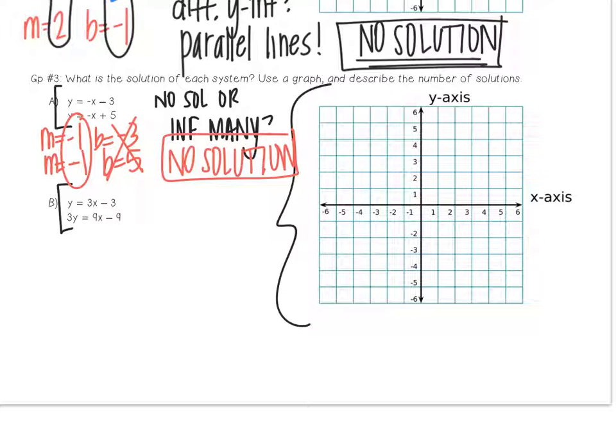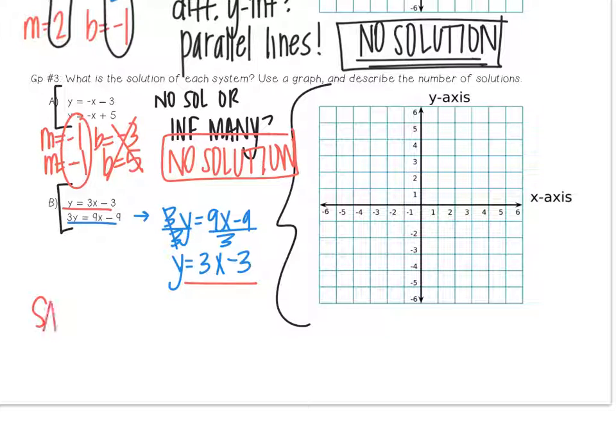For B, you have to put the bottom one in slope-intercept form first, so I'm going to rewrite it. Solve for y, divide both sides by 3. And I'll notice that the top line and the bottom line are the exact same line. It is indeed the exact same equation.